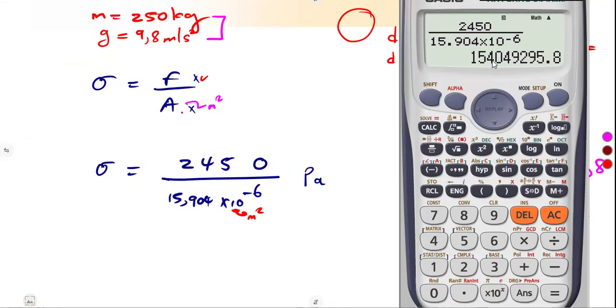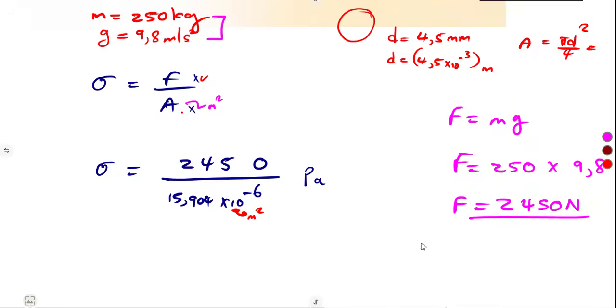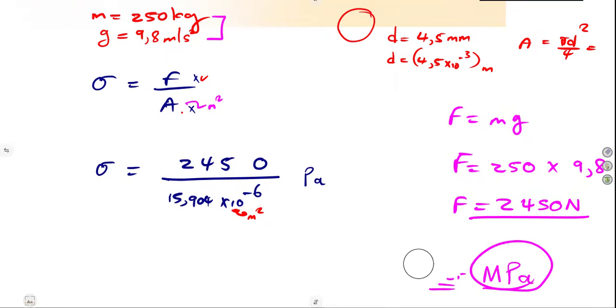If we look at this value, guys, we've got so many digits there. So it will be best that we have our answers for direct stress in megapascals. It will be best for our conversions to have them in megapascal. So the question is, how can we convert to megapascal?